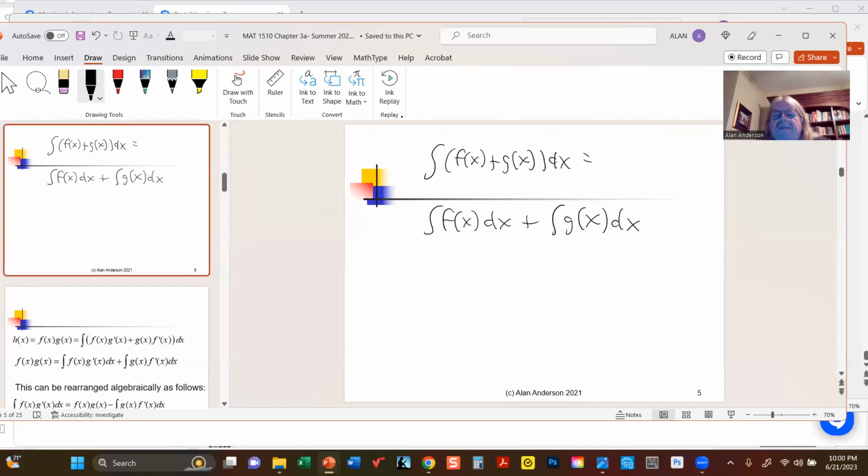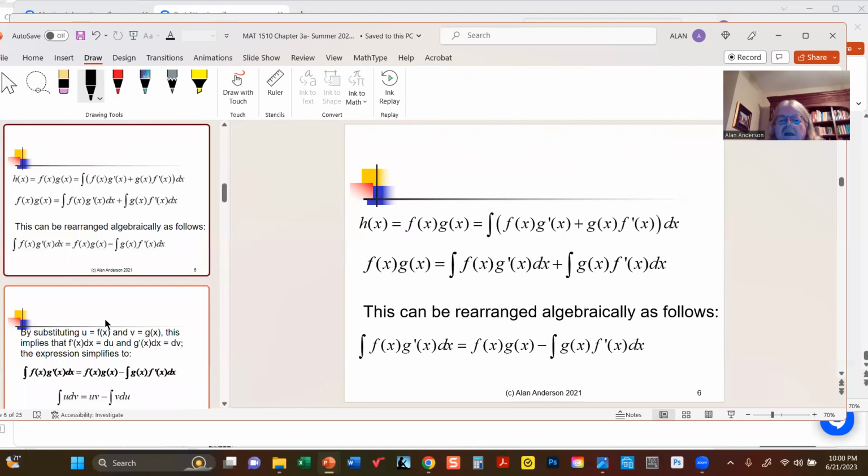Just a quick reminder. So that's where the next step comes from. You notice what I've done here. We don't need to worry about h of x anymore. Here I've just broken this up into two individual integrals.